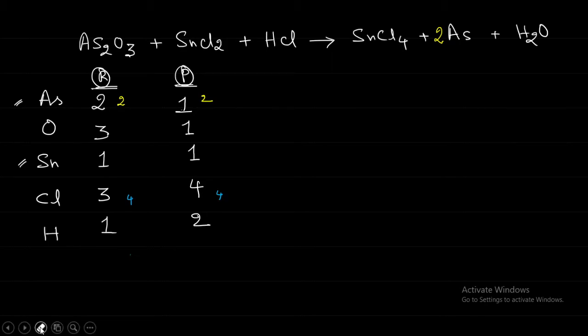First stage we are balancing the metal. Metals we have balanced. Second stage we are going for non-metal, oxygen is there and chlorine is there. So how will we balance that one?